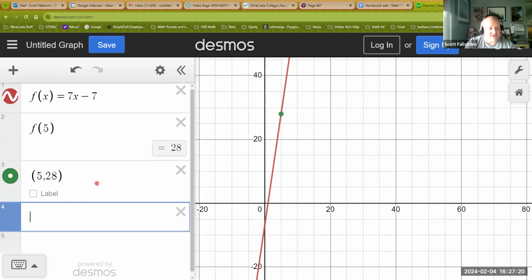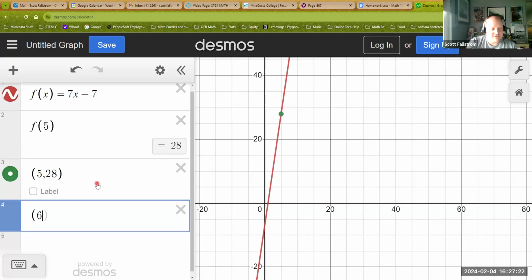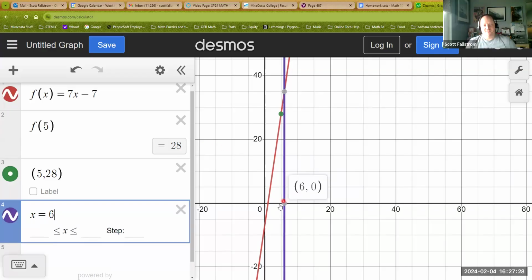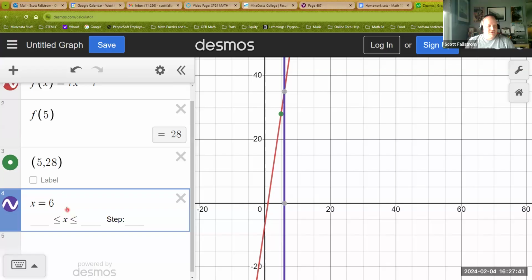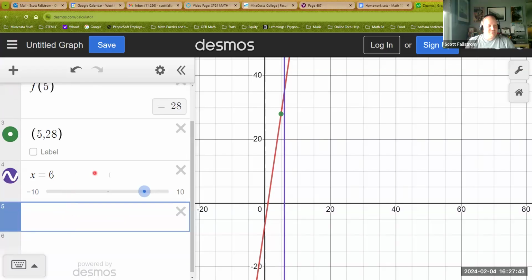So if I check that, I could say, well, wait a minute, actually, let me do this. Let me do X equals 6. So I can do a line of X equals 6, and you can actually see where it intersects. Oh, when X is 6, it actually hits 35 right on the nose. And you're like, oh yeah, that's right. And then, yeah, you can actually choose, like for X, you could have X be a slider where you can just slide the line and see where it hits.